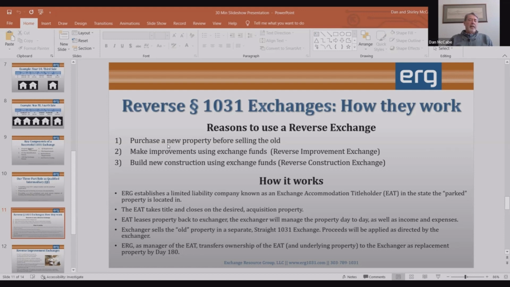All right. The second purpose for a reverse exchange is to make improvements. Probably the most graphic one that I can use is the Starbucks nearest to my home here in town, which was at one point in time a Texaco gas station. On a reverse exchange, we bought that, working with the clients and the state government, obviously, tore the tanks out, essentially gutted the building, completely redid it, and it is now a Starbucks.